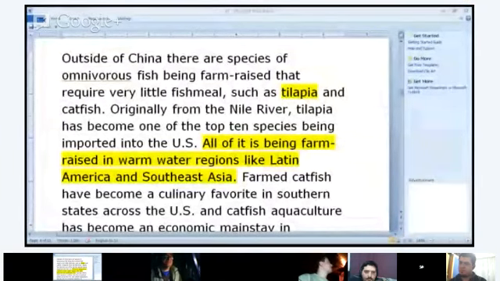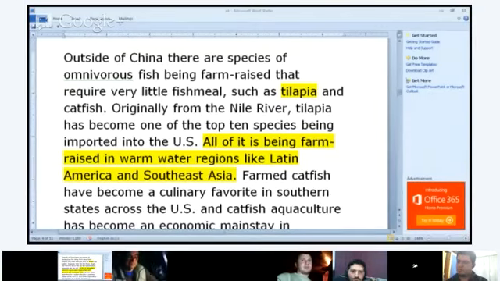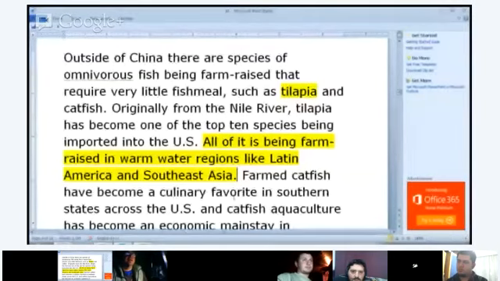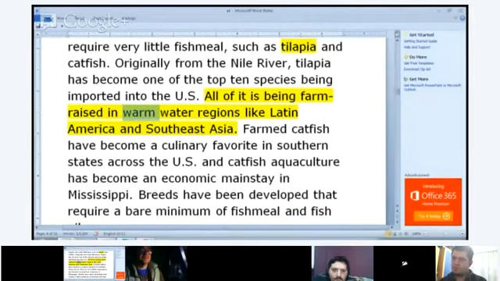This type of fish feeds millions of people every year. Andrea is saying that it's a type of fish, and that it's very good. It's being raised in fresh water, but in generally warm areas like Latin America and Southeast Asia.